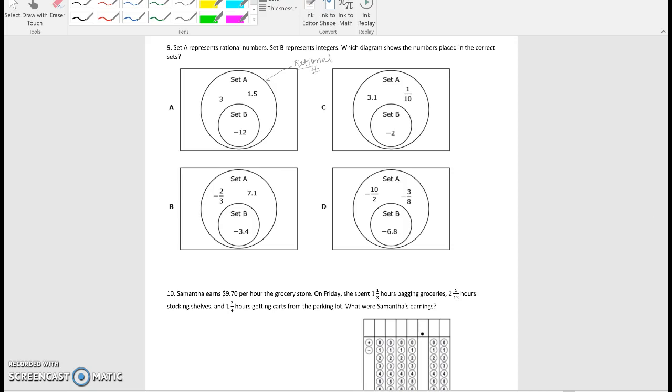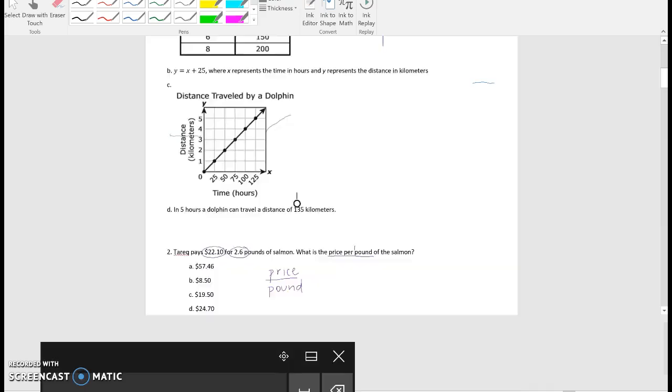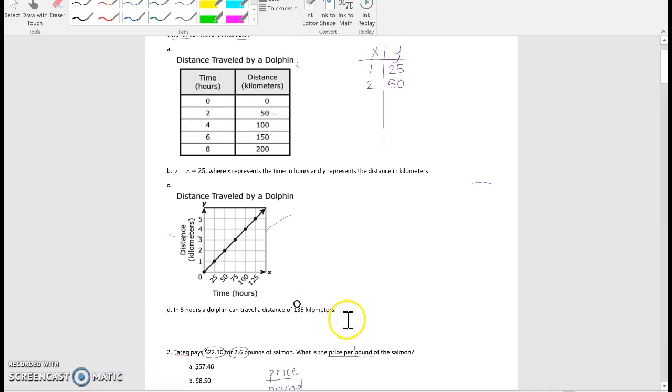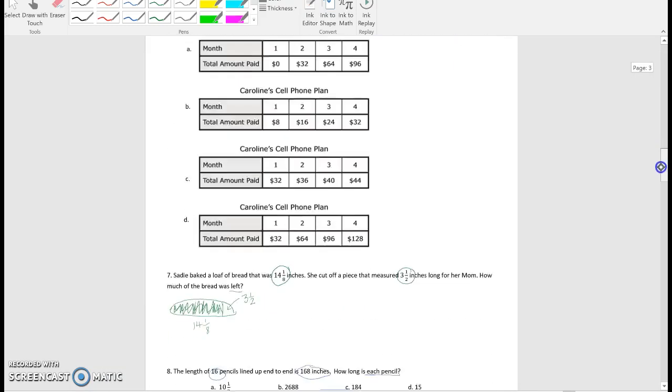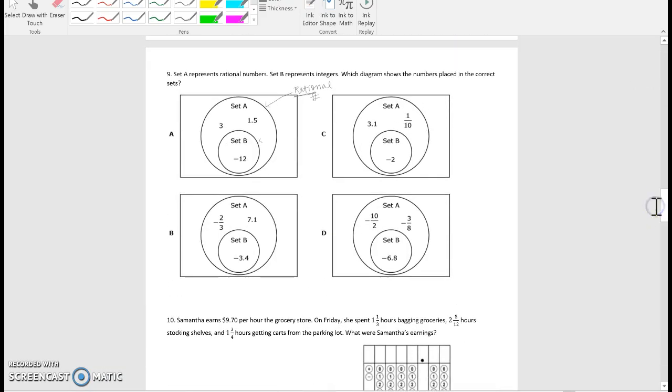Rational, think about the word in it, ratio. And then set B is integers. So you want to look at these sets and see which one matches it. So which diagram shows the numbers in the correct sets.